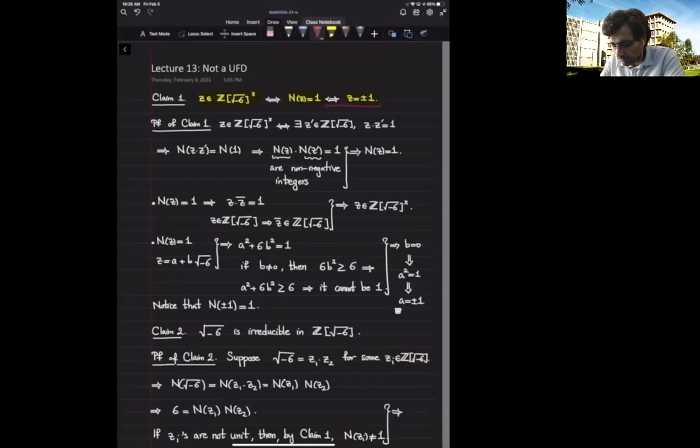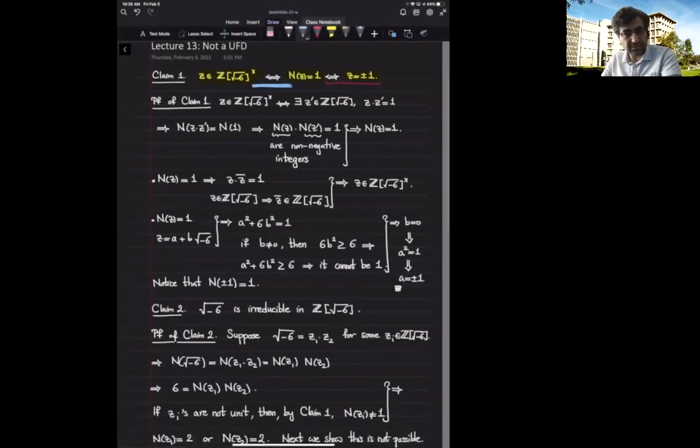This part of the argument can be applied to any, so when we add a zero of a quadratic equation to the ring of integers, we can almost always imitate this proof and deduce this implication. But this part depends heavily on the fact that -6 is a negative number. For positive numbers, indeed, we have infinitely many units. It's related to so-called Pell's equations. But let's focus on this example.